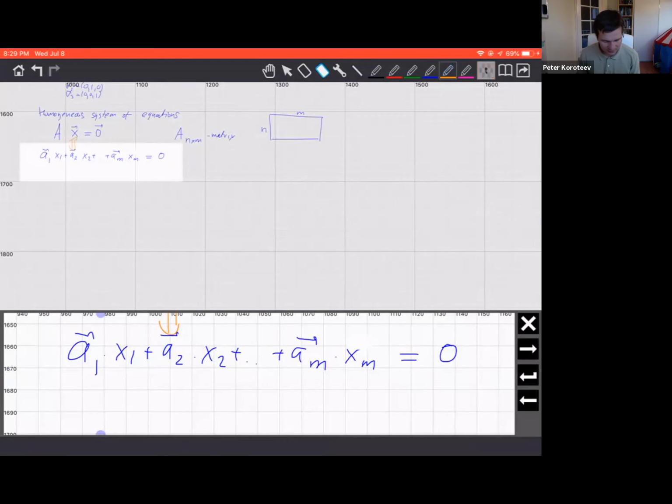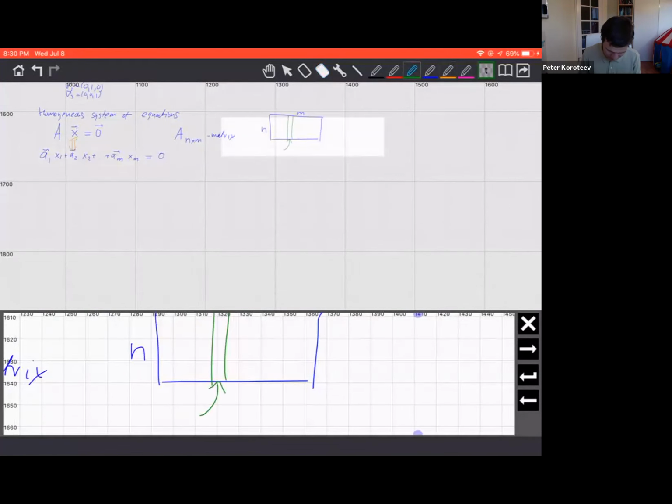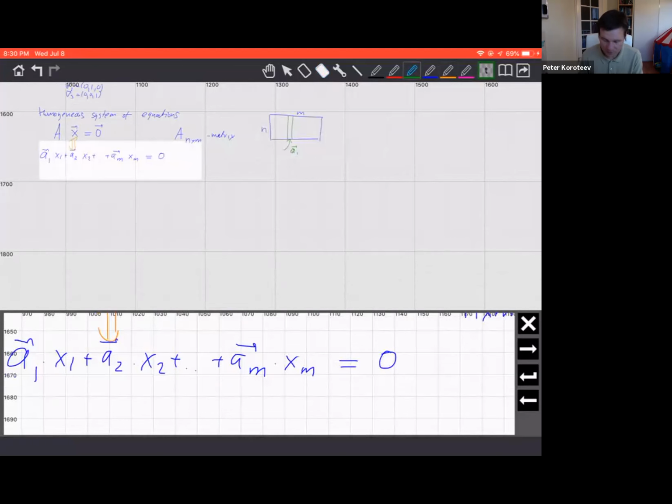In other words, if this homogeneous system of equations has a solution, it means that there is a linear combination of the column vectors of the matrix, A1 through Am, which is equal to 0. You can pick a column here, the ith vector, Ai.